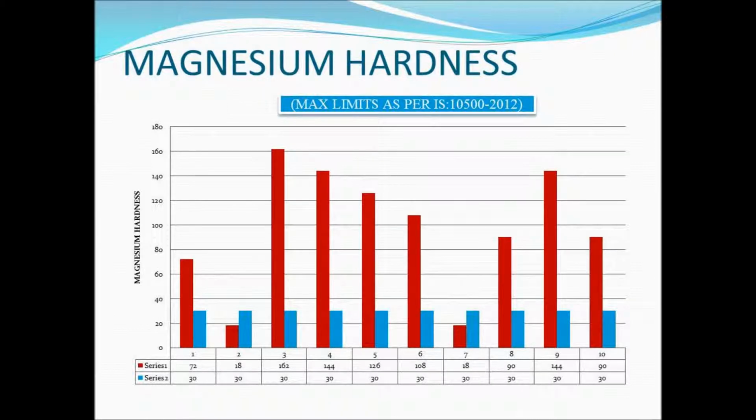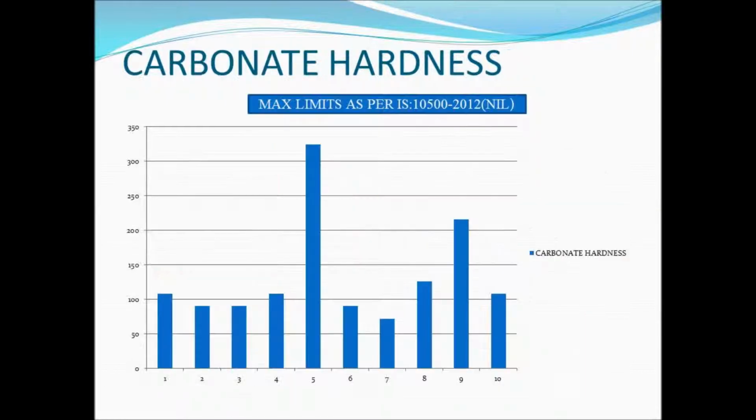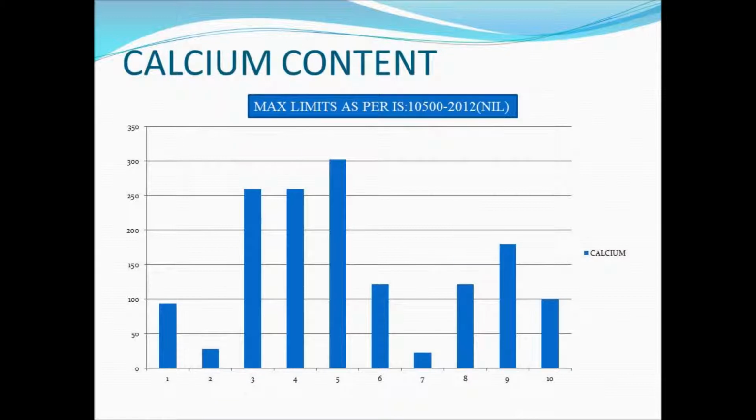Magnesium hardness is high where samples were collected near the dump site yard, that is Perungudi. Carbonate hardness must be nil, but in sample 5 its value is very high. And in calcium content, samples 3, 4 and 5 are very contaminated.